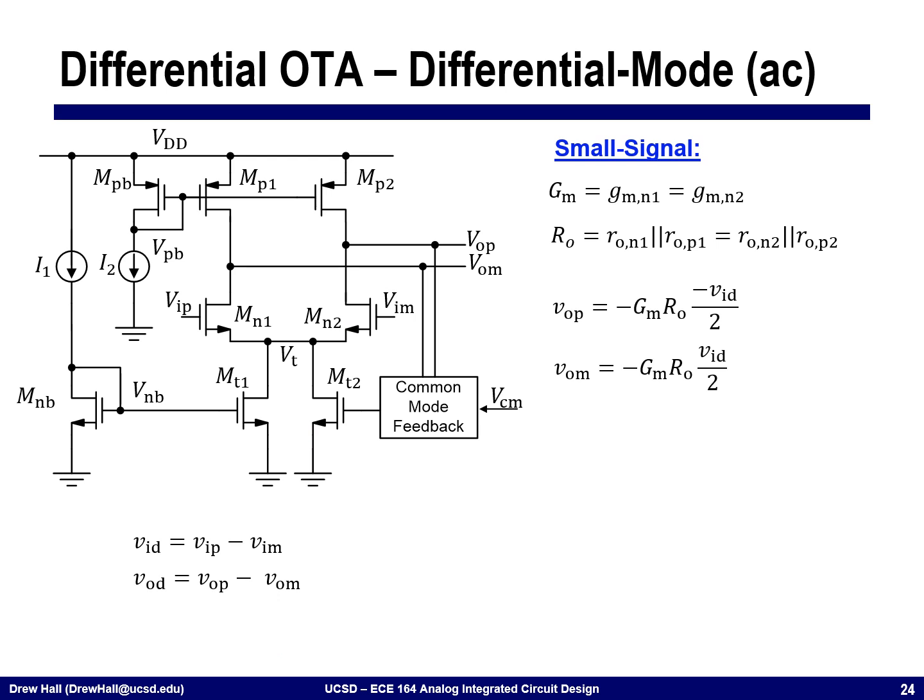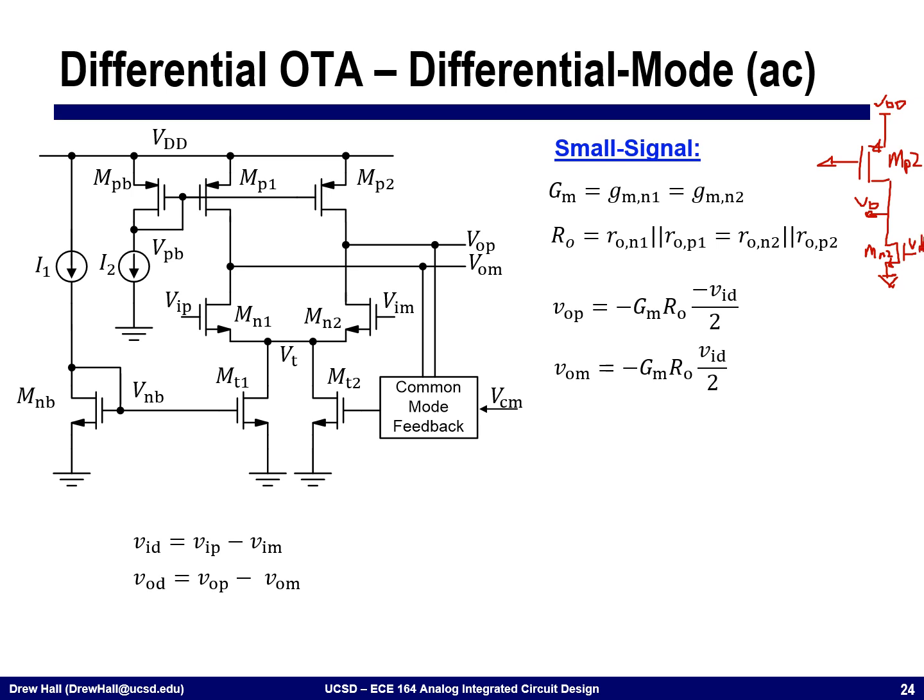So the half circuit for this is I have MP2, MN2, and this is my differential input mode voltage.